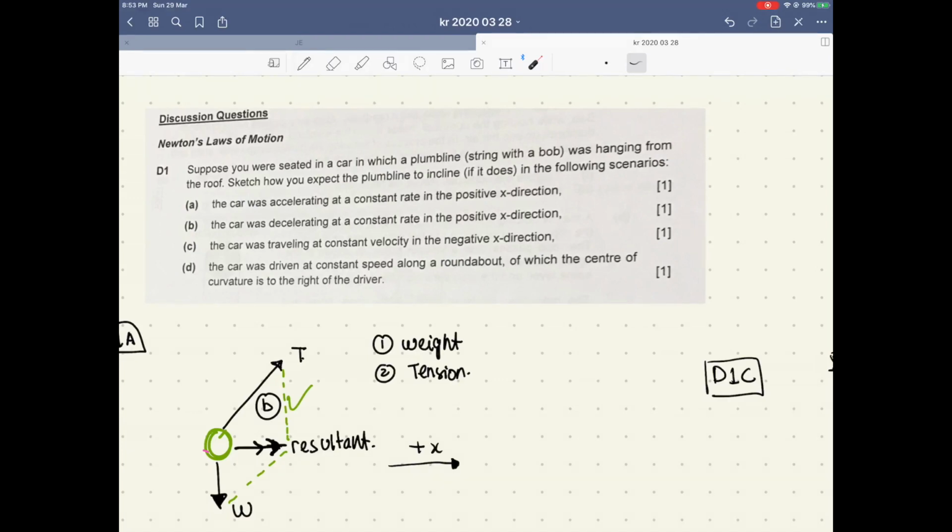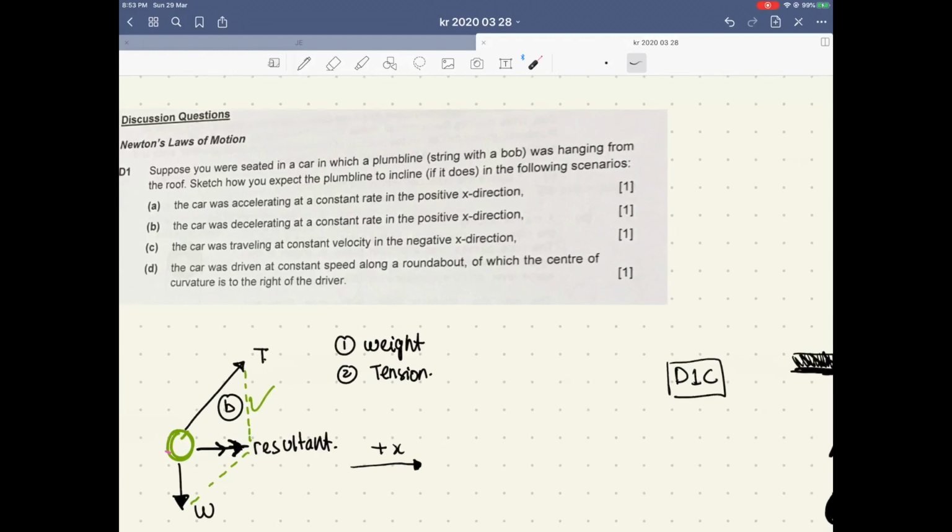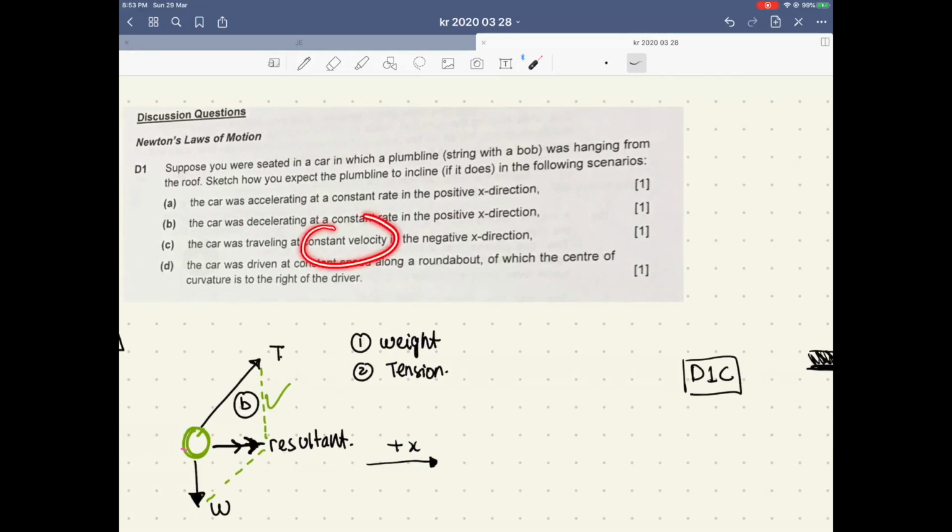Question C. D1C, the car was traveling at a constant velocity in the negative x direction. Wow, constant velocity. Constant velocity is a very important keyword, right?